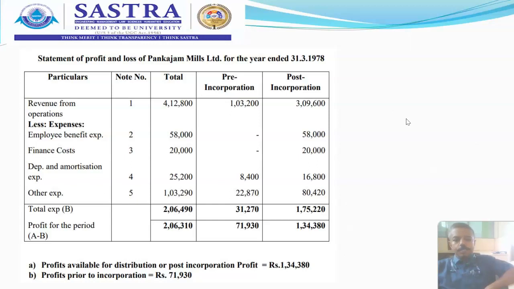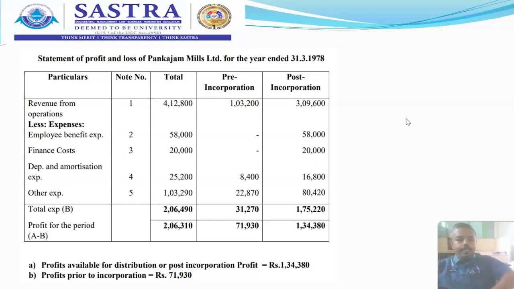This is the total expenses. Now if you subtract the total expenses from the revenue from operations, you will get profit for the period, that means A minus B. So total income is 4,12,800, whereas the total expenses is 2,06,490. The profit for the period comes around 2,06,310. This is the total profit for the whole year.